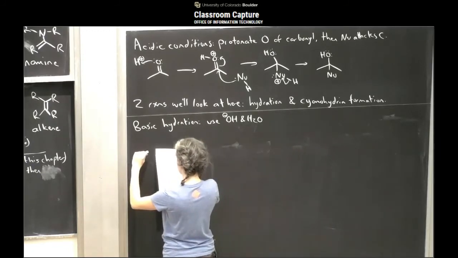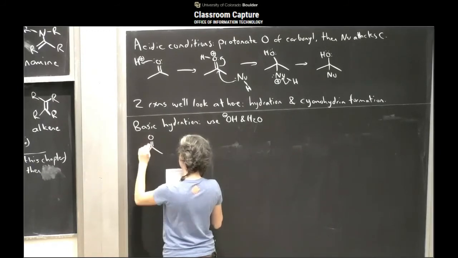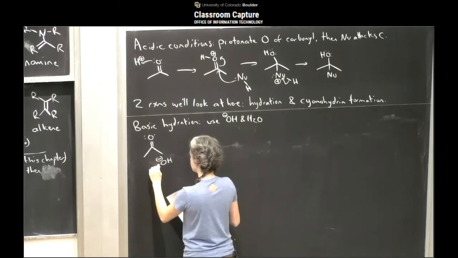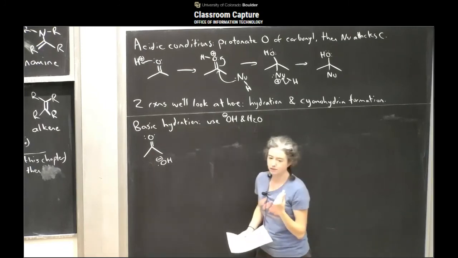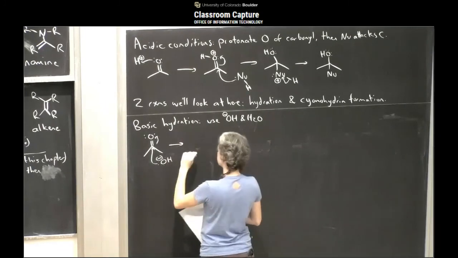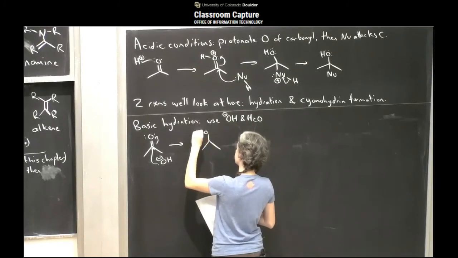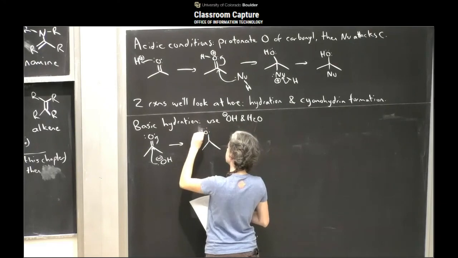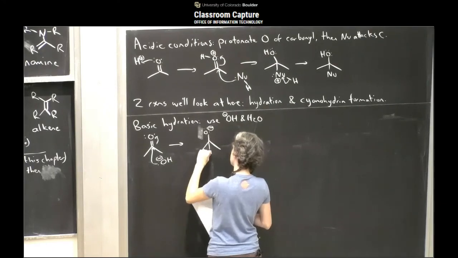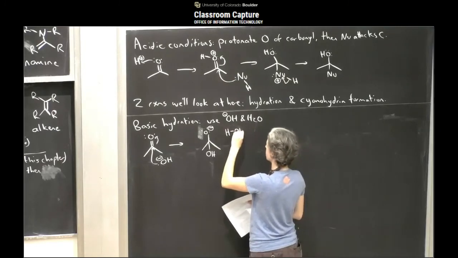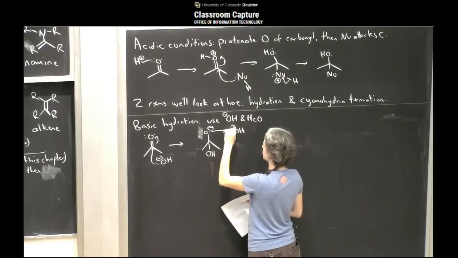So, carbonyl, OH minus is a strong enough base to go straight in. That gets us to here, and then we just have to pick up a proton from the water that's also around.